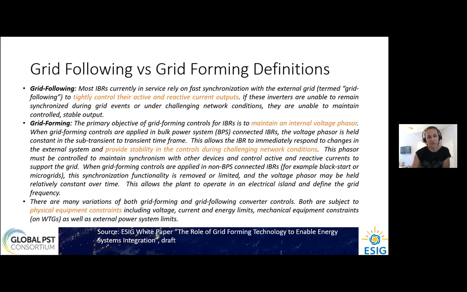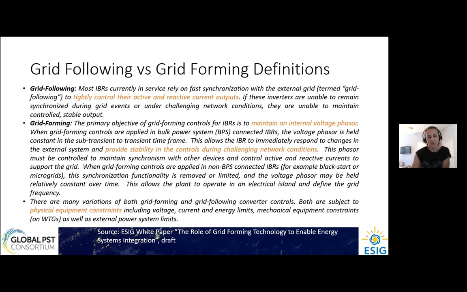When grid forming controls are applied in bulk supply systems, when they are connected to the bulk supply grid, the voltage phasor is held constant in the subtransient and transient time frame. This allows the inverter-based resource to immediately respond to changes in the external system and provide stability and control during challenging network conditions.